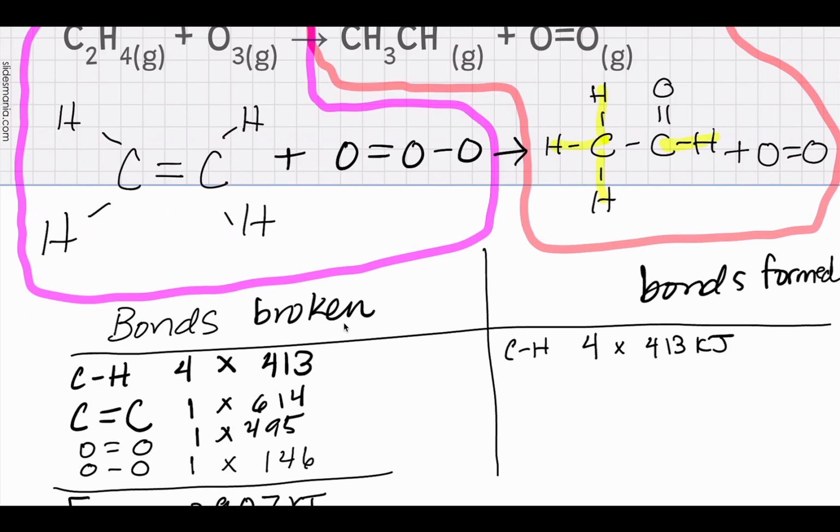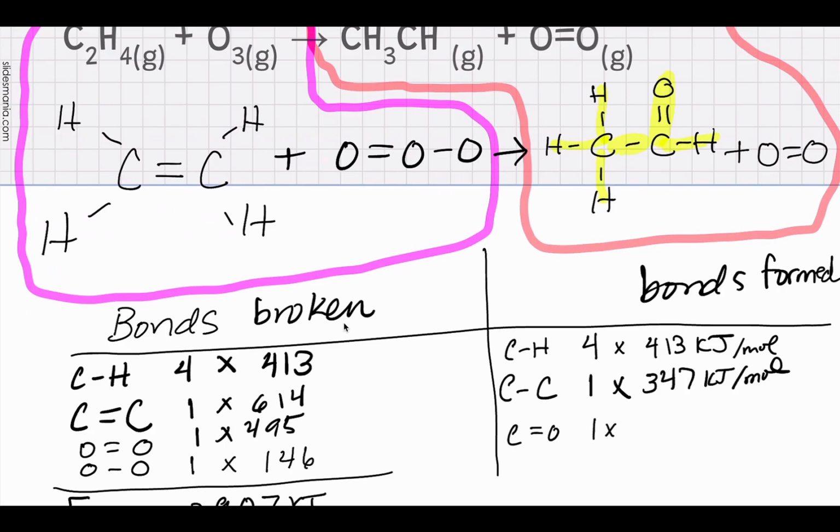There is a carbon-carbon single bond, one of those, and the energy of a carbon-carbon is 347. So that just covered this bond. And now I'm going to do the carbon double bonded to the oxygen, which is 745.